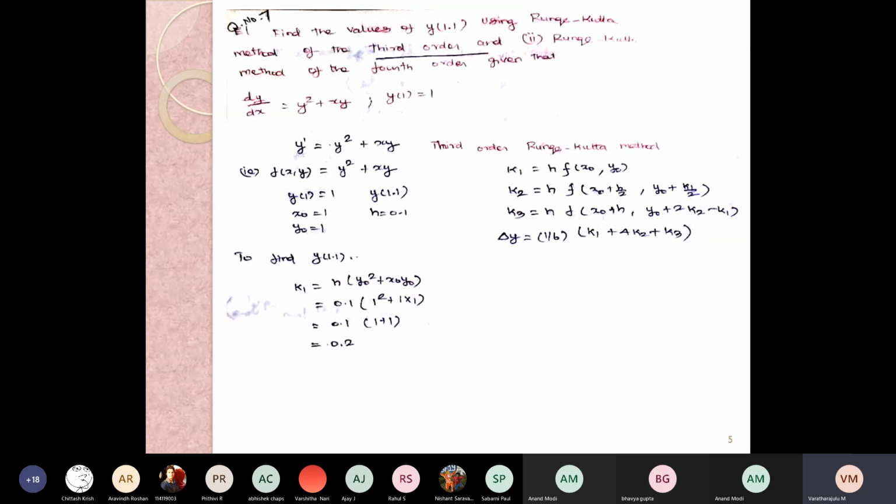We are going to apply the values of x naught and y naught, and please verify the calculations. 0.1 into 1 square plus 1, which is 0.2. That is our K1. Good. And we'll calculate K2. K2 is h of f of x naught plus h by 2 comma y naught plus K1 by 2.